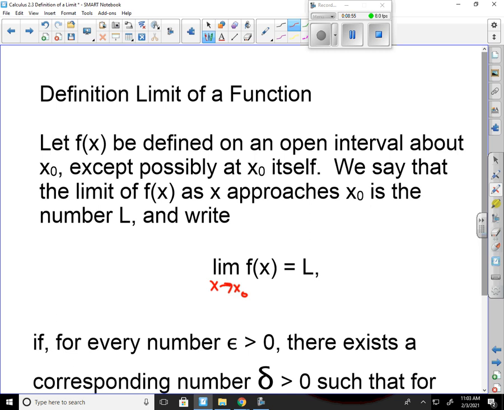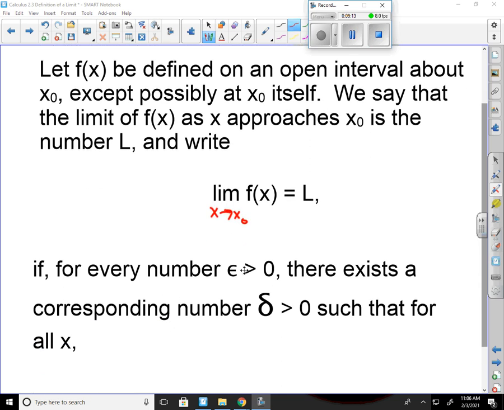If for every number epsilon greater than 0, there exists a corresponding delta greater than 0, and I'll let you have some time to write that down.